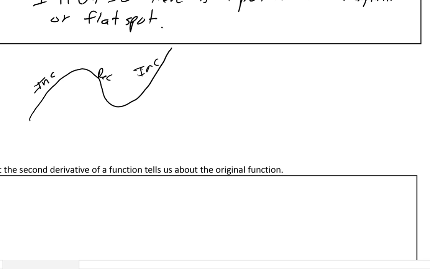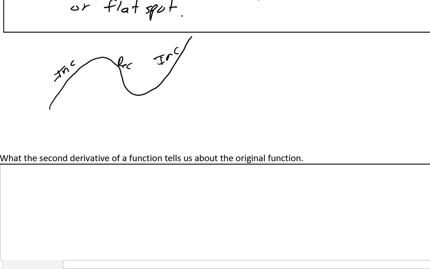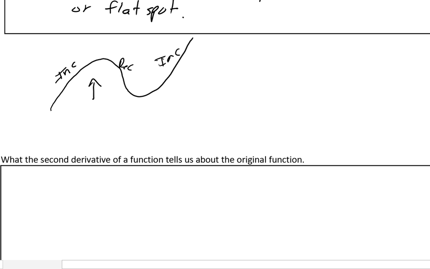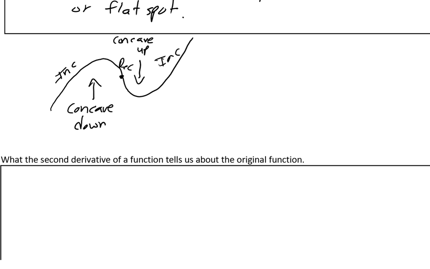The second derivative can tell us about concavity. This area from here to about here is concave down, whereas this section from here on is concave up. And it does tell us something about both the derivative and the original function when we know concavity.